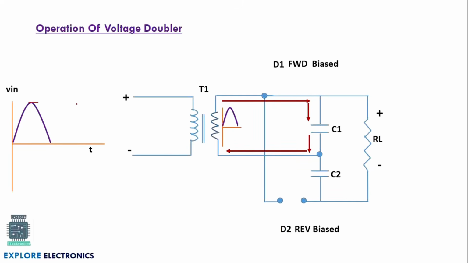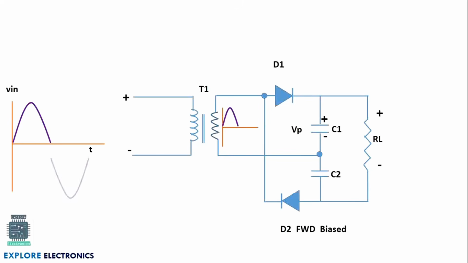If the peak value of Vin is taken as Vm, the capacitor will be charged to that level. So now C1 will have a voltage of Vp, that is the peak voltage in this positive half cycle. What happens when the negative half cycle of the input is given? The same negative half cycle we are going to get on the secondary coil, that will be given to the circuit.